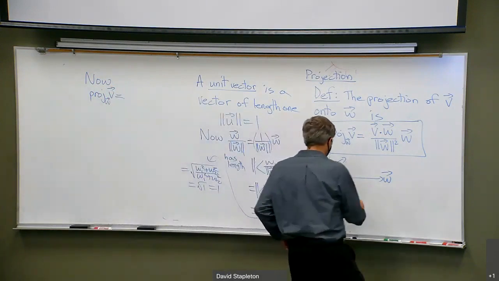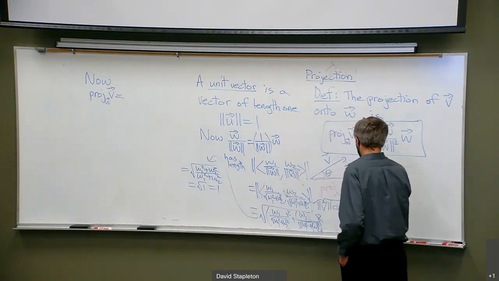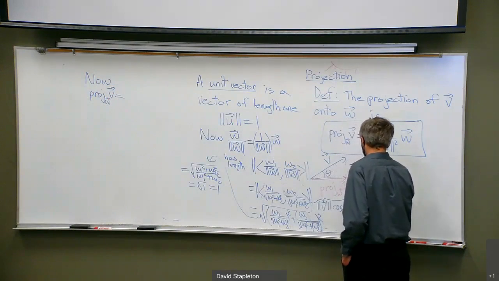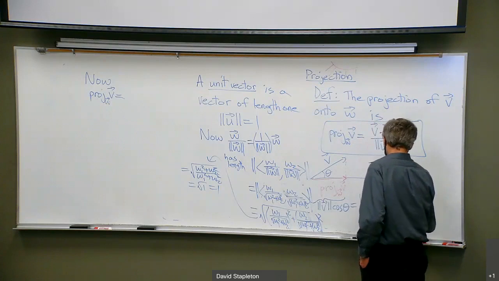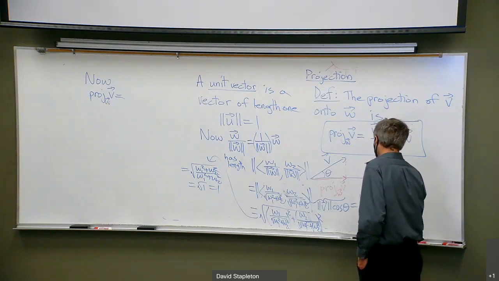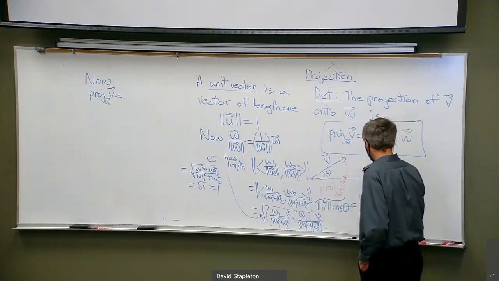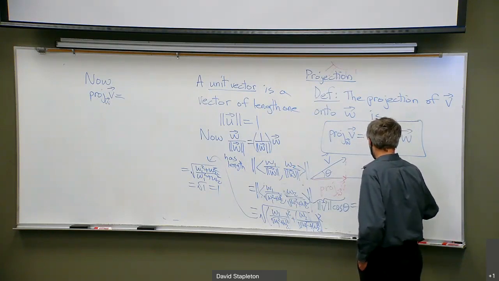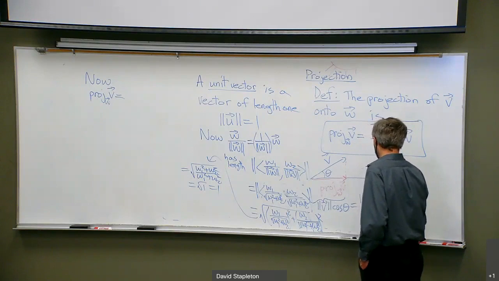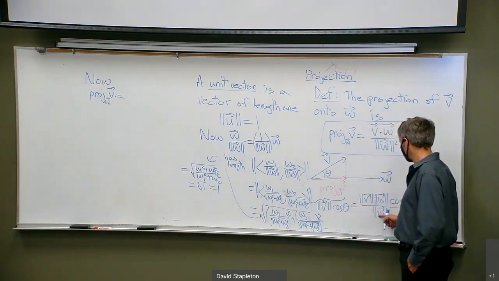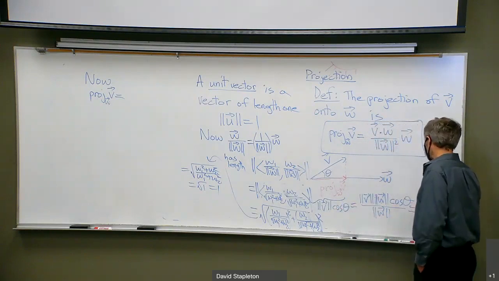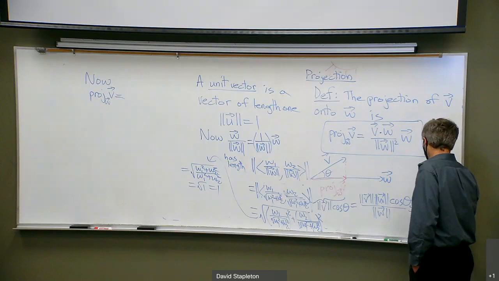But this length is equal to, let's see, if I rewrite this, I could write this as length of V times length of W times the cosine of the angle between them, divided by the length of W. So I just multiply this top and bottom by the length of W, it doesn't change it. And so it's actually V dot W over the length of W.